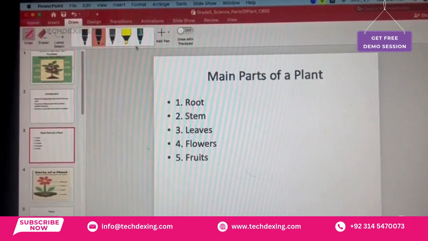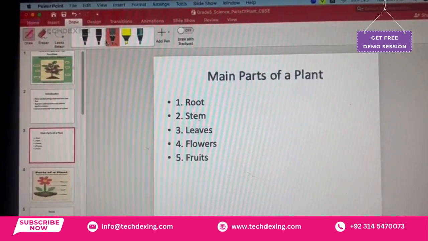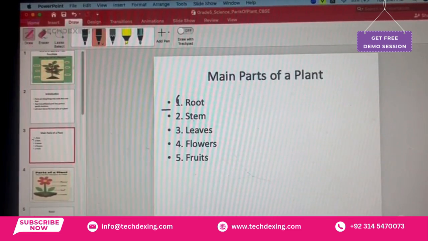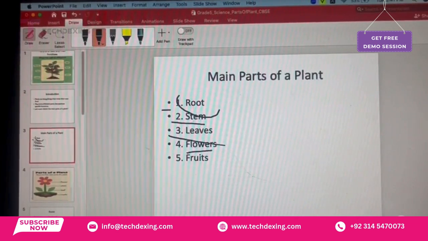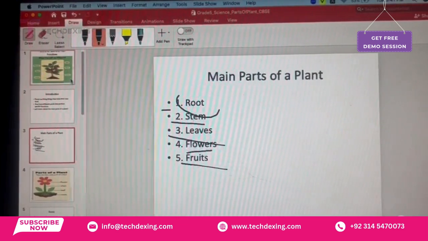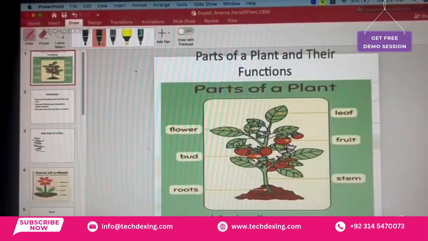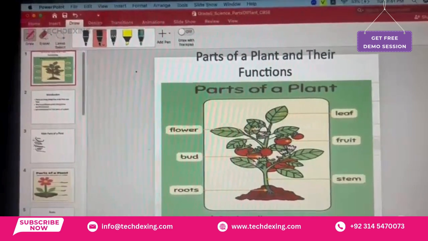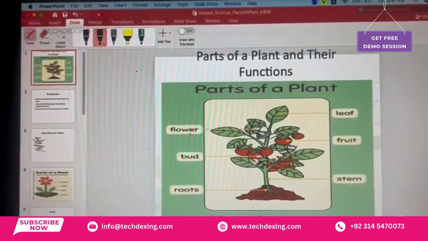The first one we have is the roots. Okay, then stem, then leaves, flowers, fruits. Like this. Here we go. In this slide we have a flower.